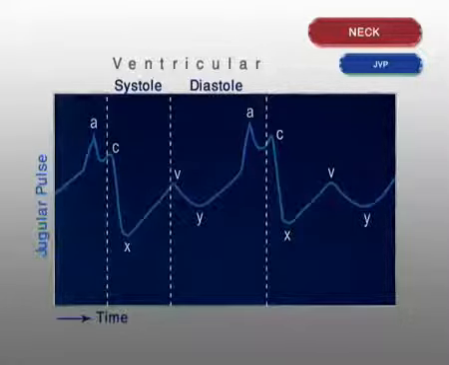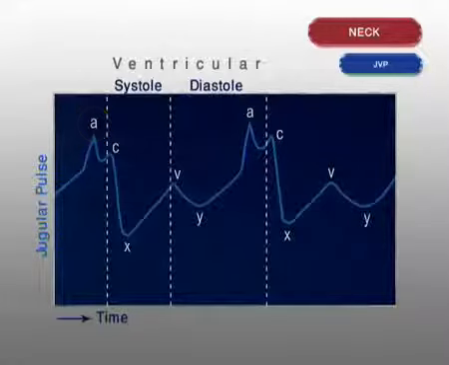The 2 positive pressure waves are A wave and V wave. A stands for the wave which is resulting from atrial contraction. By right atrial contraction, this will increase the pressure in the right atrium and it will give us a positive wave in the jugular veins.